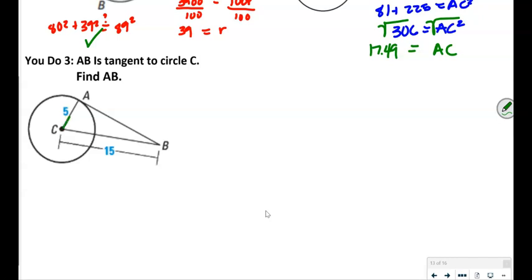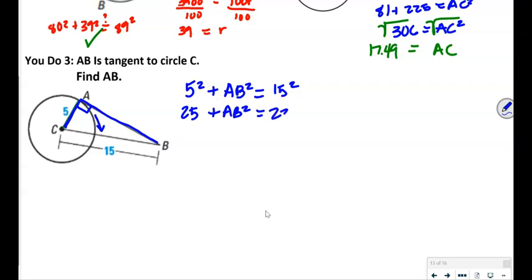So again, we got our radius right here, right? Radius right here, and our tangent right there. So our right angle is going to be here. So that's going to be our C, right? So this time again, we're going to do our 5 squared plus our AB squared, and that's going to be equal to 15 squared, right? So this is 25 plus AB squared equals 225.